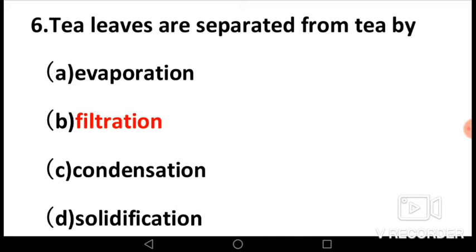On doing so, the liquid passes through the filter paper while the insoluble substances get retained on the filter paper. So the answer is filtration, because an example of filtration used at home is the separation of tea leaves from tea using a strainer.